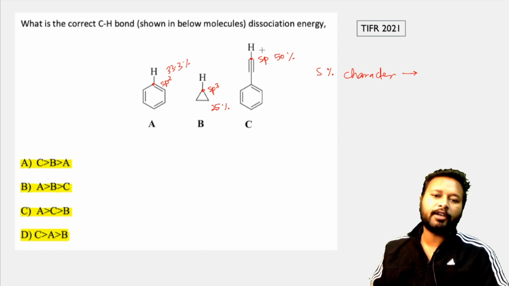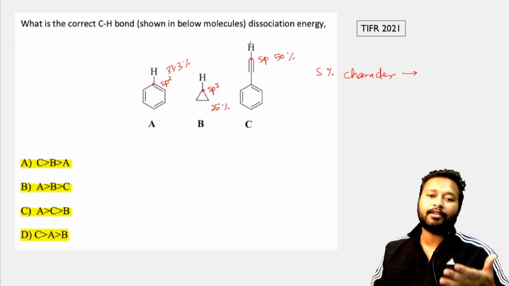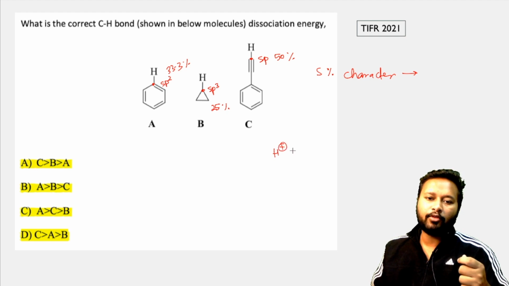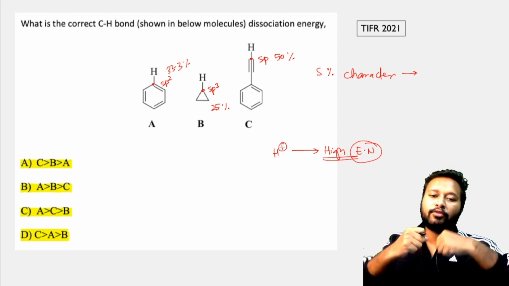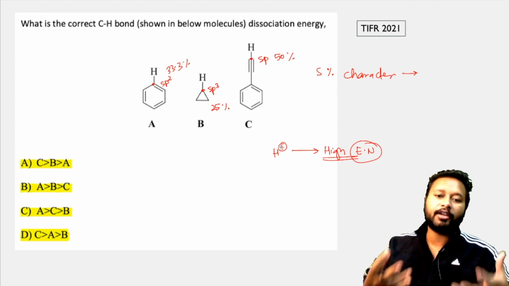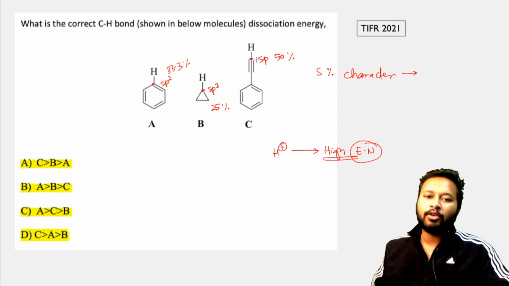Now what we have to understand is that when this particular bond is made, the H plus ion will be more attracted towards the more electronegative group. If the electronegativity is high over here, then it is going to get attracted with a stronger force. In order to break that, you need more and more energy, right?